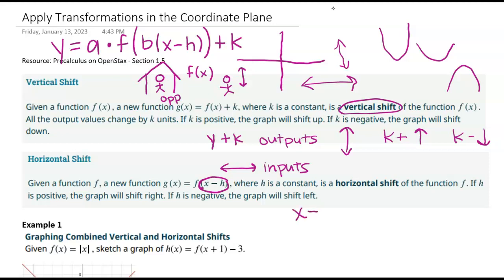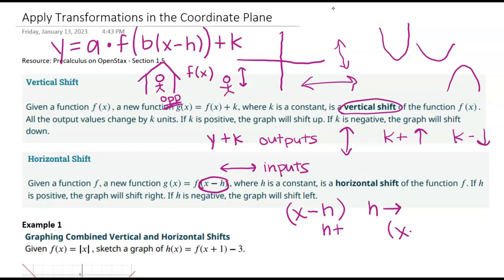Well, if h is positive, then inside the parentheses, it's going to look like x minus h. So that's where the analogy that I gave before of you do the opposite is it feels like, because it's a negative on the inside, a subtraction on the inside, that you should go to the left, but that is not the truth. The formula is x minus h. H is in this case positive, so I'm going to move to the right.